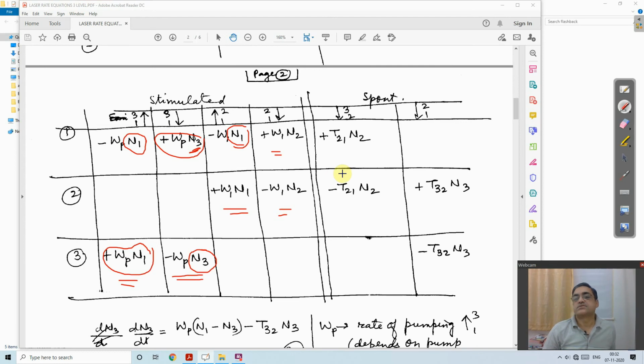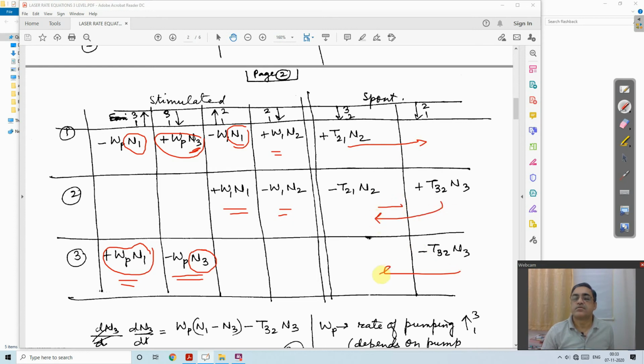As far as spontaneous transition is concerned, the journey is one way, 3 to 1 and 2 to 3, to 2 and 2 to 1. During 2 to 1, this must be here and this must be here.